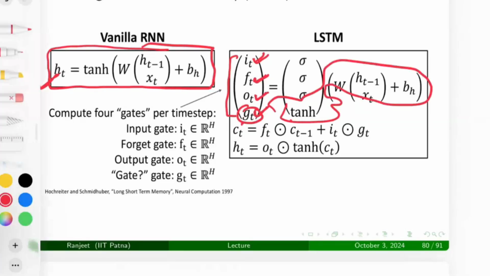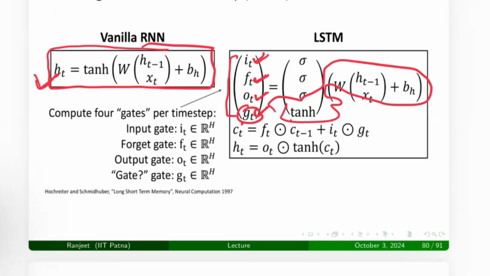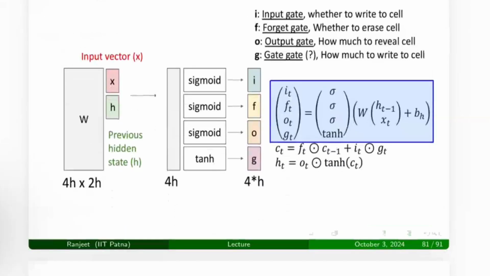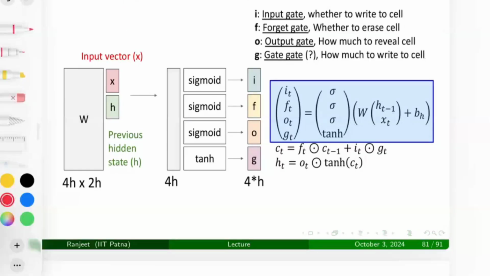Now let us understand the purpose of every gate. But before that, let's see what would be the size of the W matrix. In the case of your RNN, when you're multiplying W, you had W and then you were multiplying with X and then HT minus 1, or it could be vice versa also.